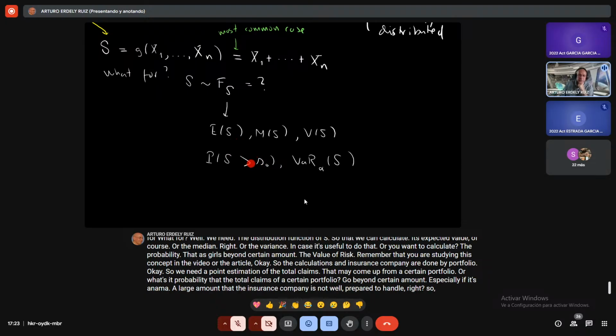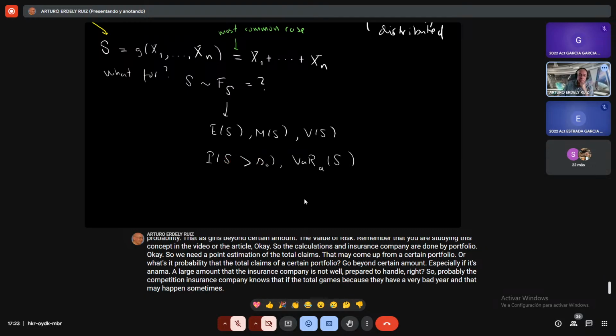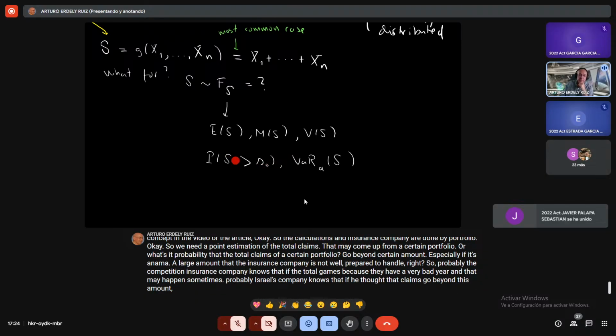Probably the insurance company knows that if total claims, because they have a very bad year, and that may happen sometimes, go beyond this amount, they will have liquidity problems, okay?